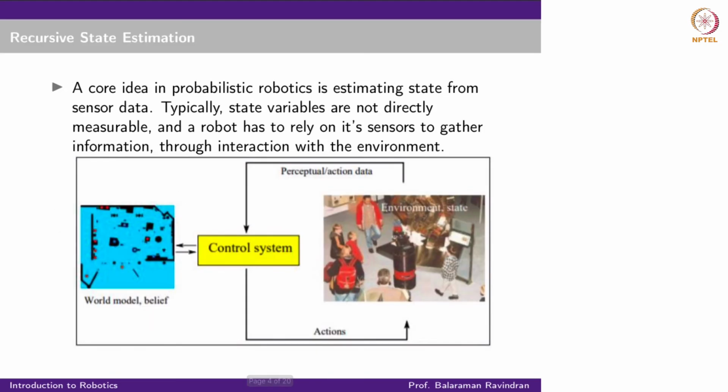Okay. So the first thing we will start looking at is this problem of recursive state estimation. Recursive state estimation is one of the core problems in robotics. If you look at how a robot behaves in its environment, you can see that there is a robot here.